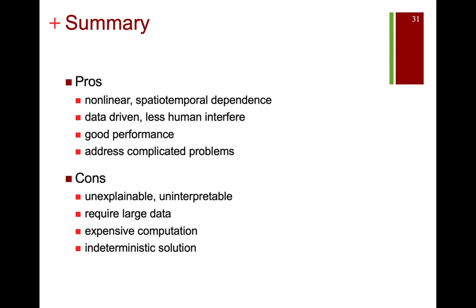In terms of the disadvantages, a very common and very hard to avoid problem is interpretability. We usually cannot understand how and why this model works, and we don't understand the meaning of different parameters in the model. The other issue is that this kind of model usually requires a large amount of data for training. Otherwise, the performance would be very undesirable.